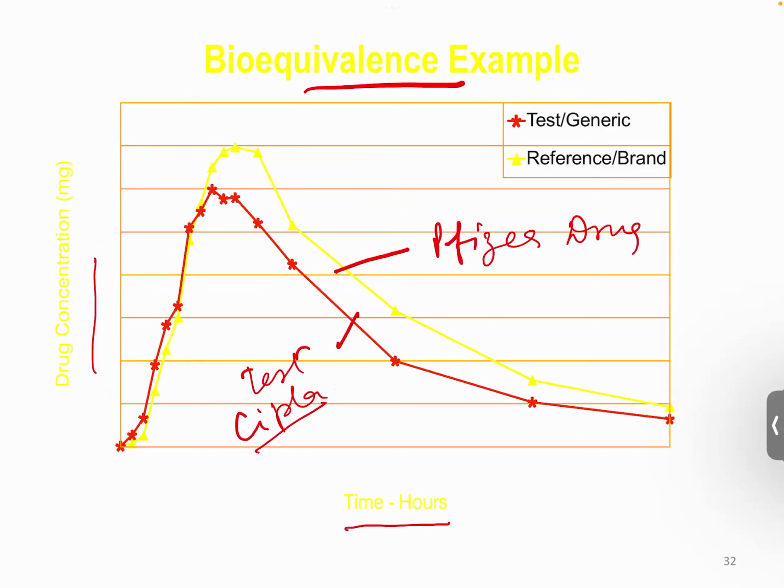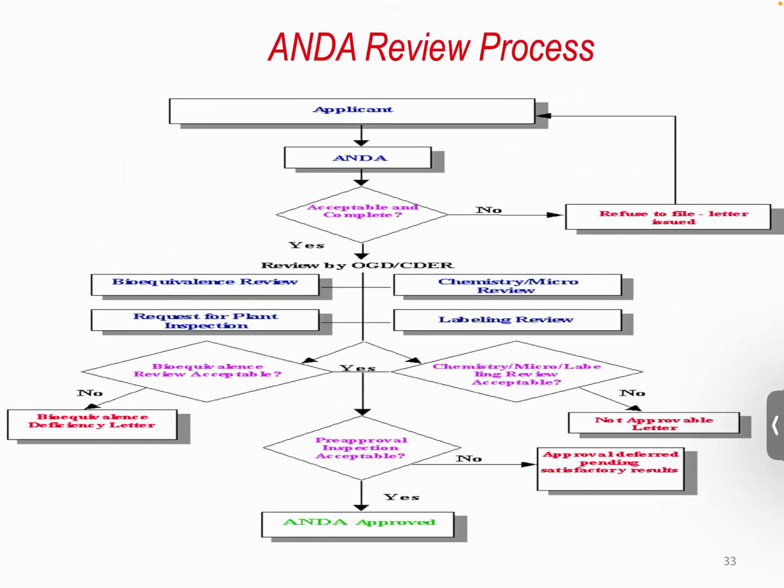Now, if you want to see how this application is reviewed, here is an applicant, then it will file an abbreviated new drug application. First thing, it will be checked: is it in an acceptable format or not? If not, then go back and follow the cycle.